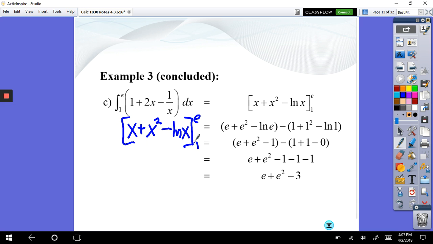So you're going to plug in e into all these, just that part. You're going to plug in 1 into all these, subtract. It doesn't clean up beautifully. You end up with something like this, and you can stop right there. So you don't have to get a calculator and type in e.